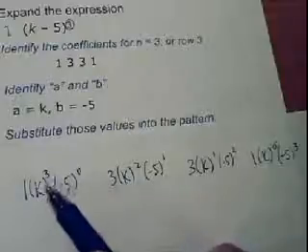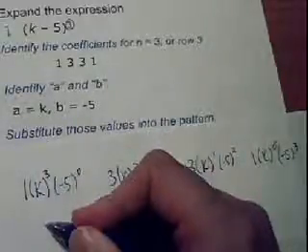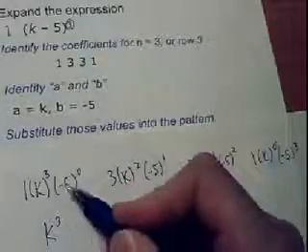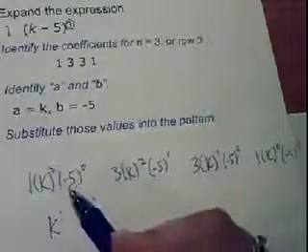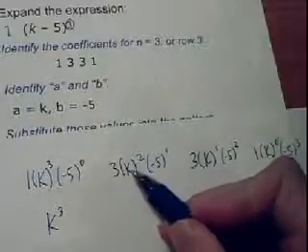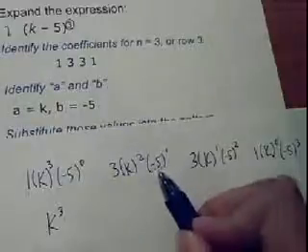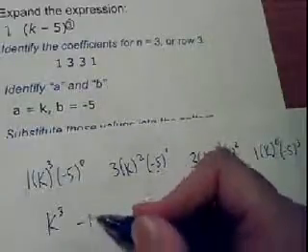Okay, k to the third is k to the third here, and then anything to the 0 is just 1. So that first term simplifies to k to the third. Here, I'd have to do my exponents. That would give me k squared, and then 3 times -5 would be -15k.